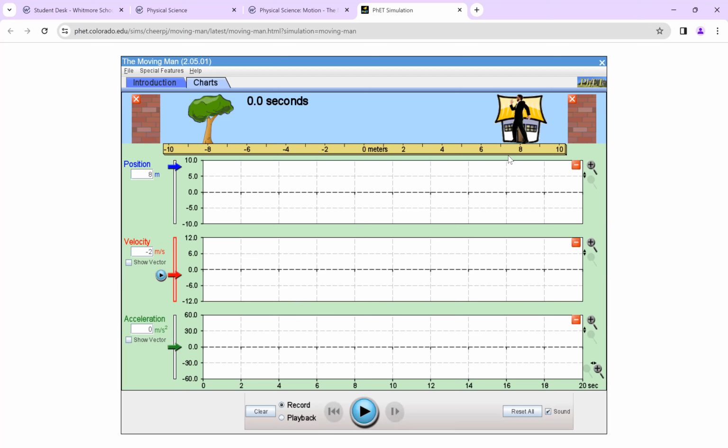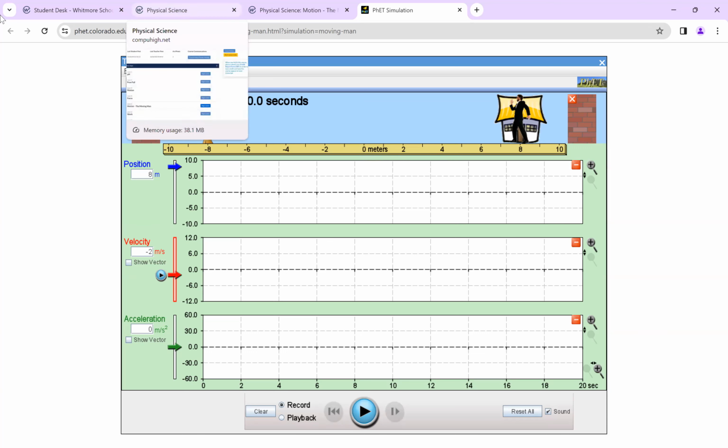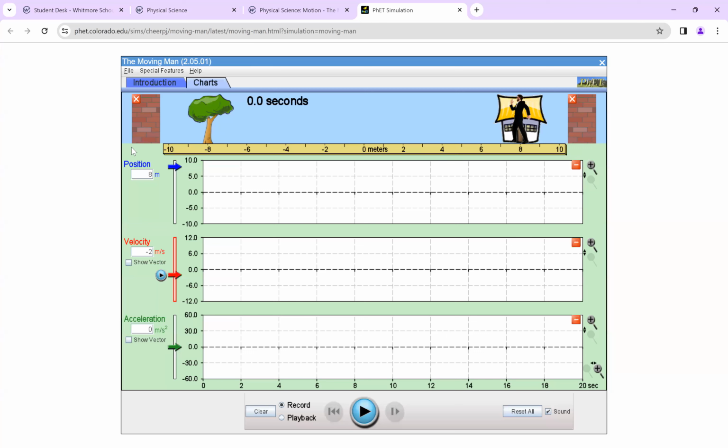So every second he goes 2 meters. So in 1 second he'll be at 16, then in 2 seconds he'll be at 4, and so on. At a minimum, you could just count. You could also do a calculation, but 14 is way too many.